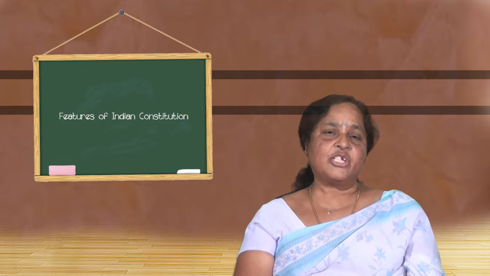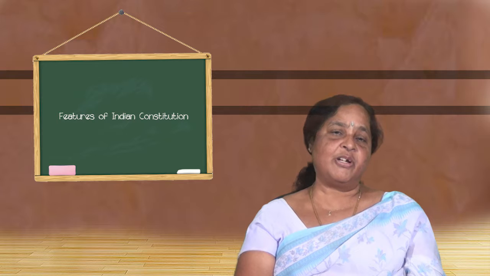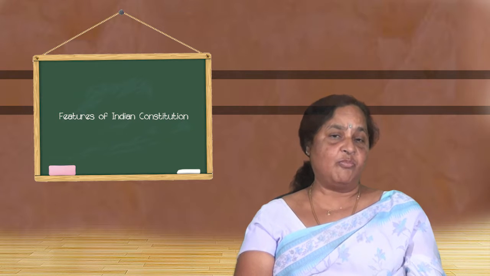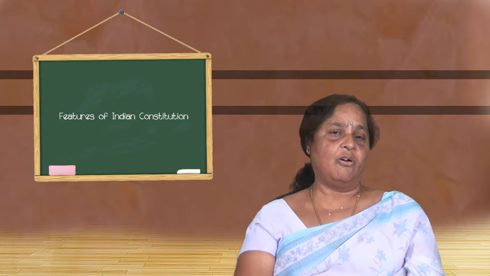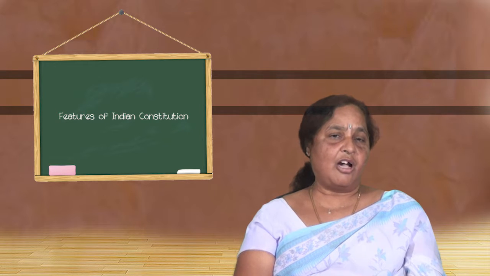Then the next feature is that we have a parliamentary form of government. In it, we select our own representatives, and the ministers, our council of ministers or cabinet, are collectively and individually responsible to the lower house, the Lok Sabha at the union, or the Vidhana Sabha or legislative assembly in the state.